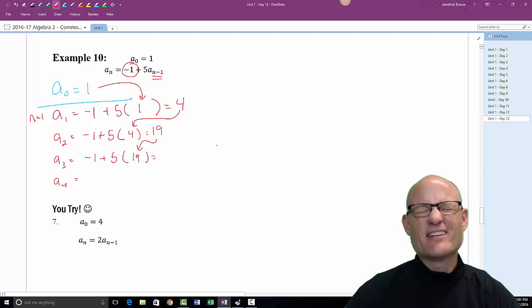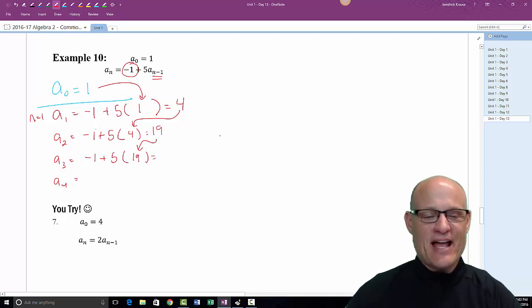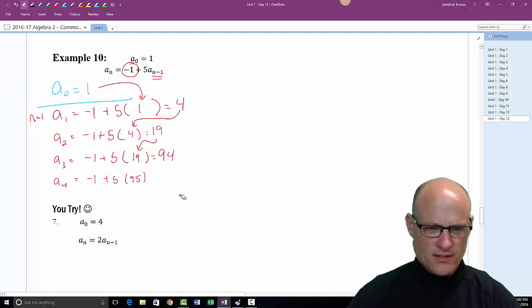Let's see, 5 times 19 is 95, minus 1 is 94. And then it's going to be negative 1 plus 5 times 94. Let's see, 5 times 94 should be 469? Yeah, 469. Sounds about right.